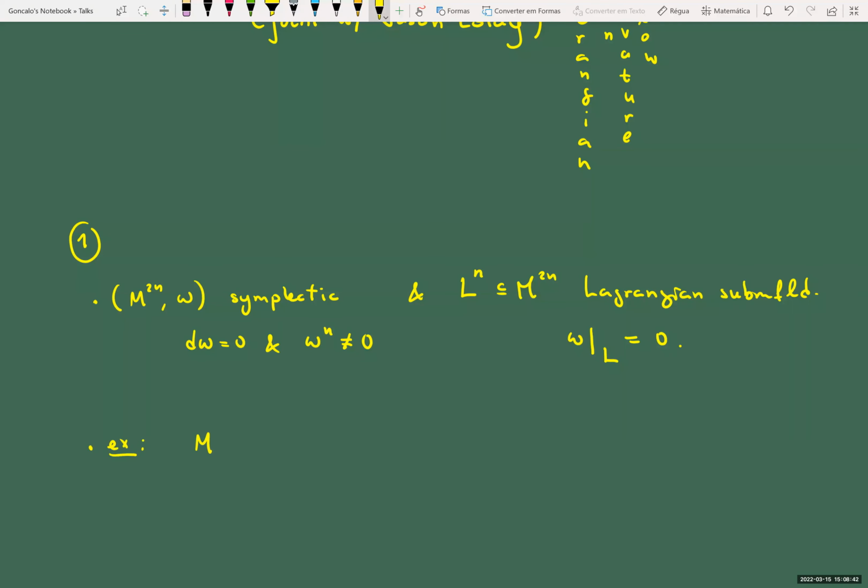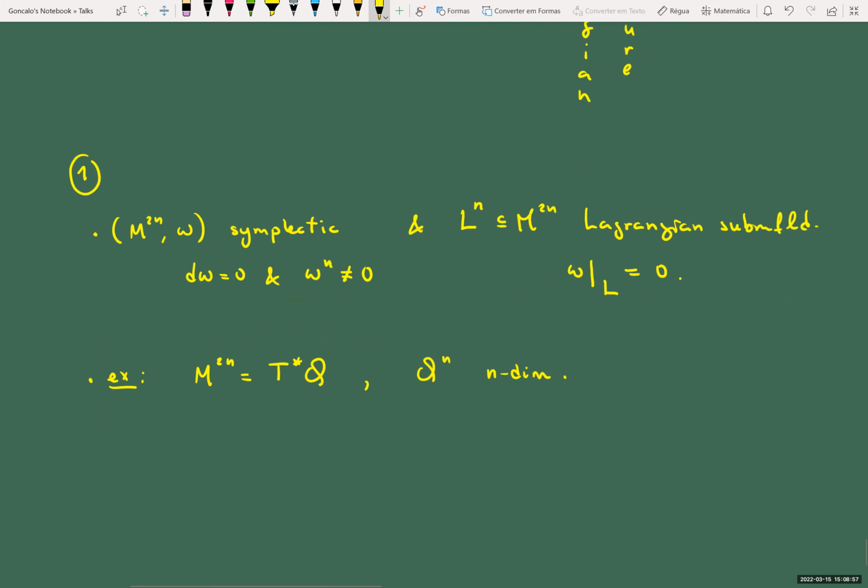If you take M^2n to be the cotangent bundle of some n-dimensional smooth manifold Q, with the standard symplectic form, which is d theta, where theta is the canonical one-form, usually called the tautological symplectic form, then an example of a Lagrangian submanifold is, for example, the zero section.